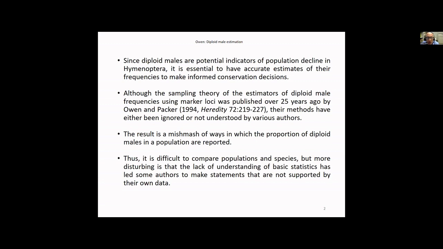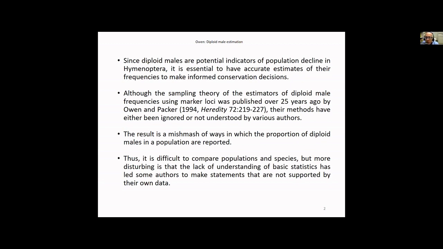Now, obviously, when we're estimating something that often is in small proportions, it's critical to make the best and proper estimates. And actually, a paper by me and Lawrence Packer was published in 1994, and this did set out all the theory required for using marker loci to do these estimates.